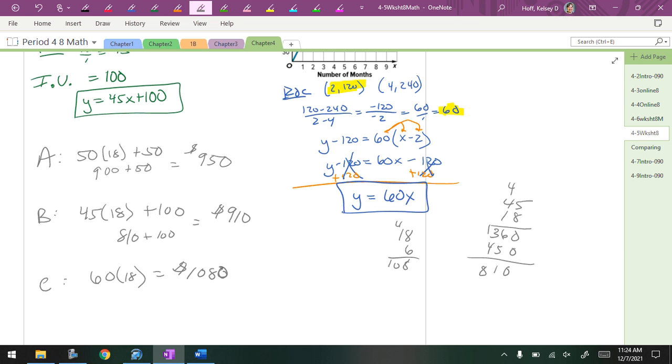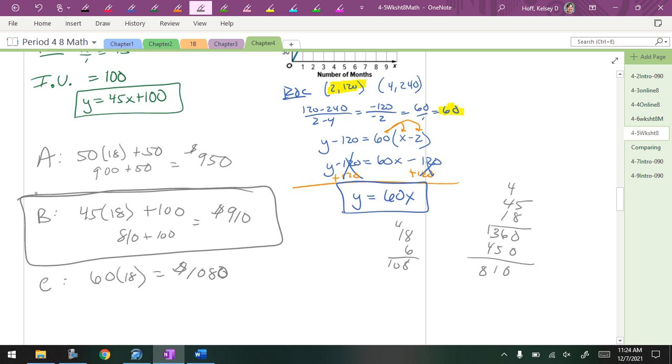Plan A, I got 950, B 910, and C 1080. Which plan should you pick? B, plan B.